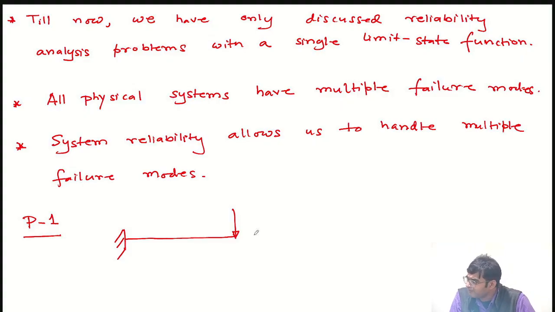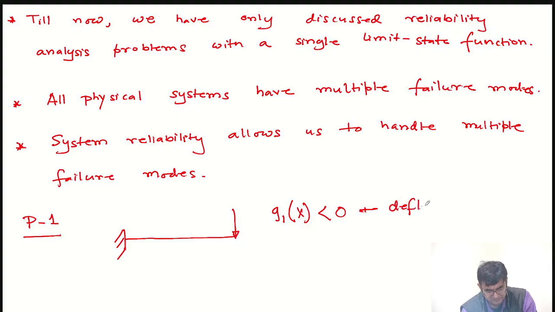Now, for such a problem, what are the different ways it can fail? Can you think and tell me? One is obviously deflection. So let's say G1(x) less than 0, and this is because of deflection. In this case, we have already seen PL by 3 minus PL cube by 3EI, and using that we can form that. Anything else you can imagine?